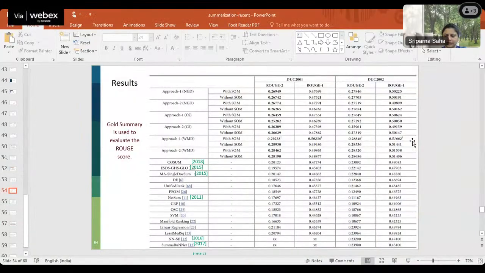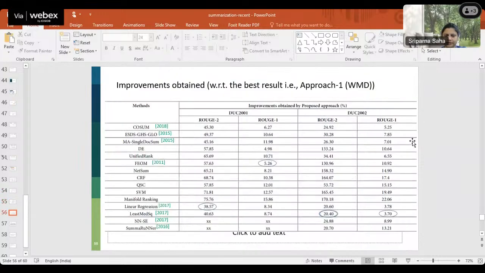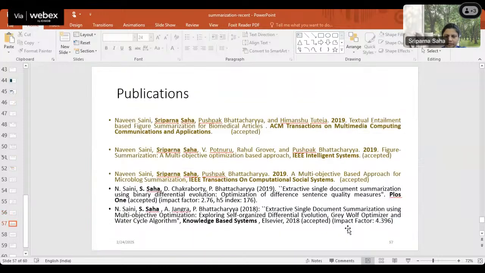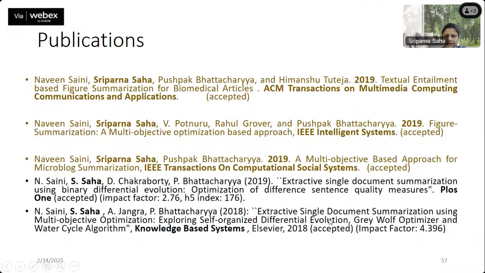Yeah, I think I can stop and I can take some questions. Please see these papers. These are the corresponding papers. The papers are published in ACM Transactions on Multimedia Computing, IEEE Intelligent Systems, and the IEEE Transactions on Computational Social Systems.